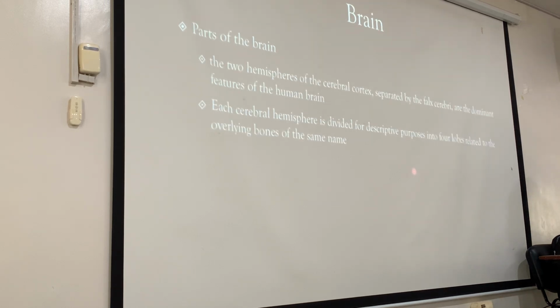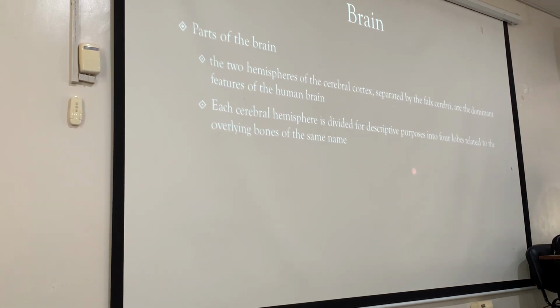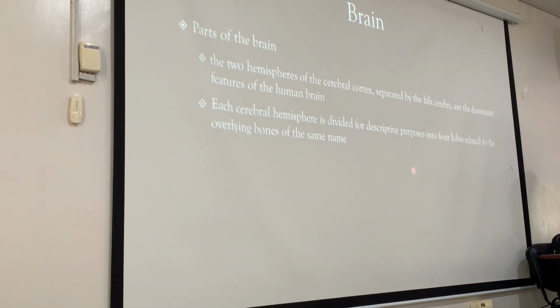Okay, so we're done with the cranium, we're done with the coverings of the dura, arachnoid, pia. Now we go to the brain. So the brain has two hemispheres, left and right. The two hemispheres are separated by the falx cerebri, and these are the dominant features of the human brain.